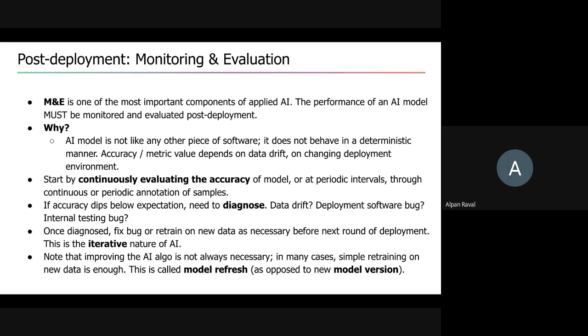This person will then look at the dashboard, press a button to select fresh data to retrain the model. It's all like one or two clicks, right? Confirm the data selection, add that data to the training set, retrain the model. That's another click. And then evaluate the retrained model on the new data, and then okay the retrained model and deploy it. Right? So all of this should be doable.